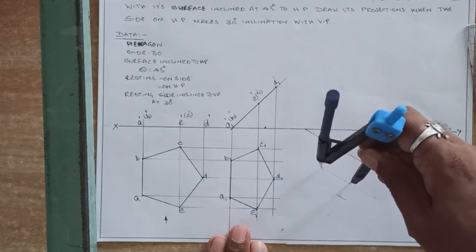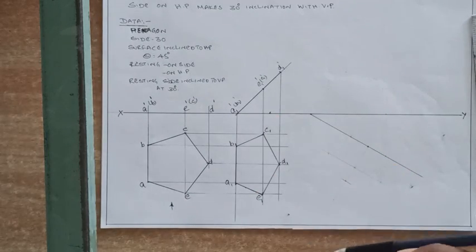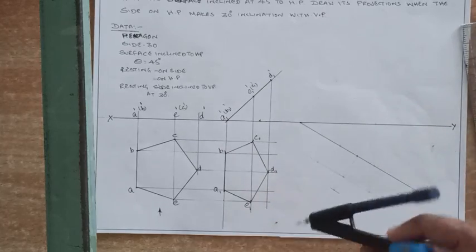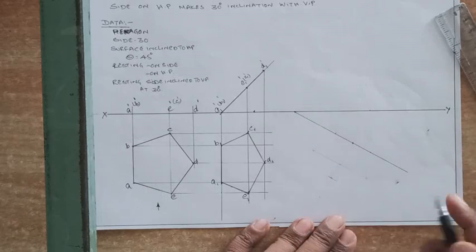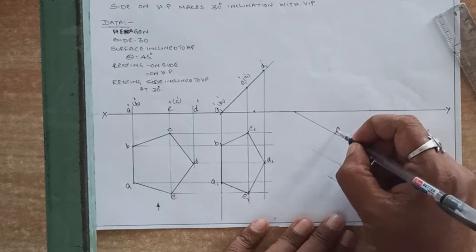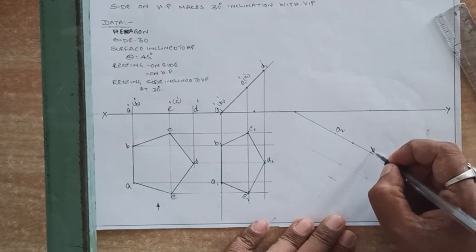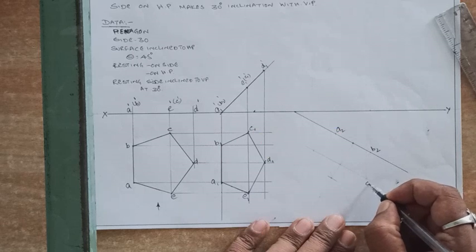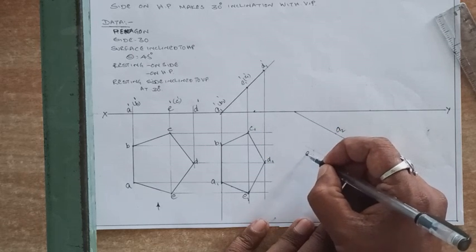So on this line mark here and again mark here. Then D is already there. Now you can transfer this figure here. If you transfer like this, first you will get A2, then B2, then C2, D2 and E2.